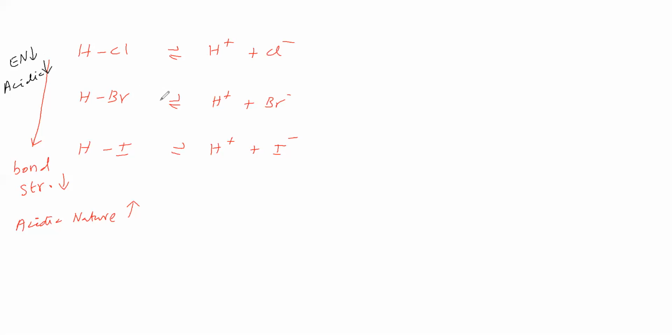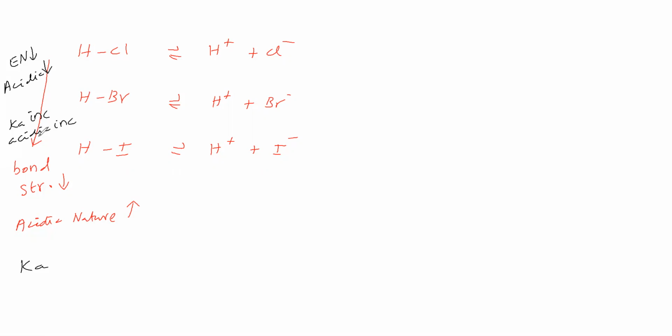So now we will see the experimental fact, using the acid dissociation constant, the Ka value. Using the Ka value, we can say the acidic nature. The Ka value increases down the group, which means acidic nature increases down the group.